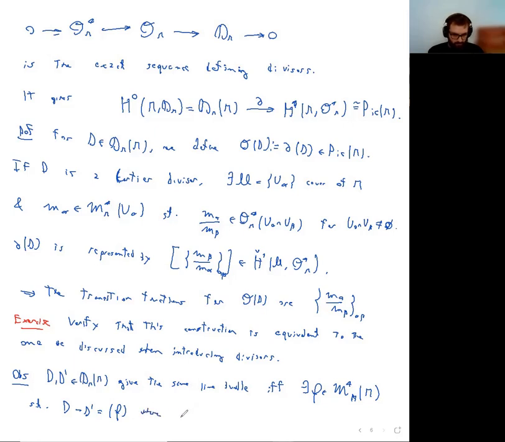Because we do have a morphism from meromorphic functions into divisors as well, no? Oh, let me think for a second.